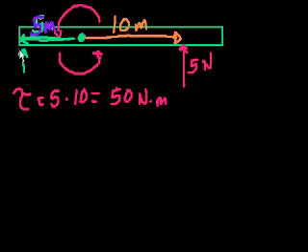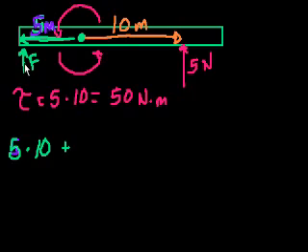So what is the force being applied here? Well, what is the net torque? It's this torque, which we already figured out, and it's going in the clockwise direction. So it's 5 times 10. And then the sum of all the torques has to equal 0. So let's call this force F. Plus, well, this force is acting in what direction?